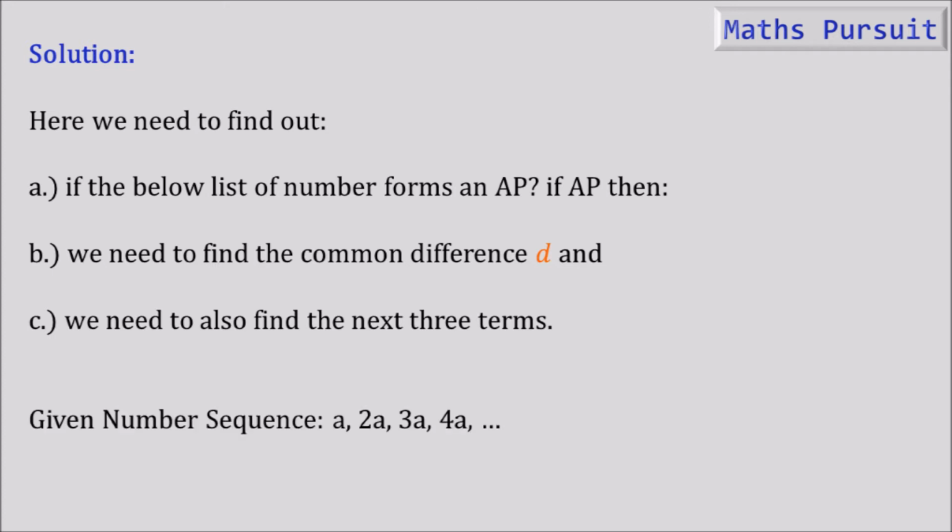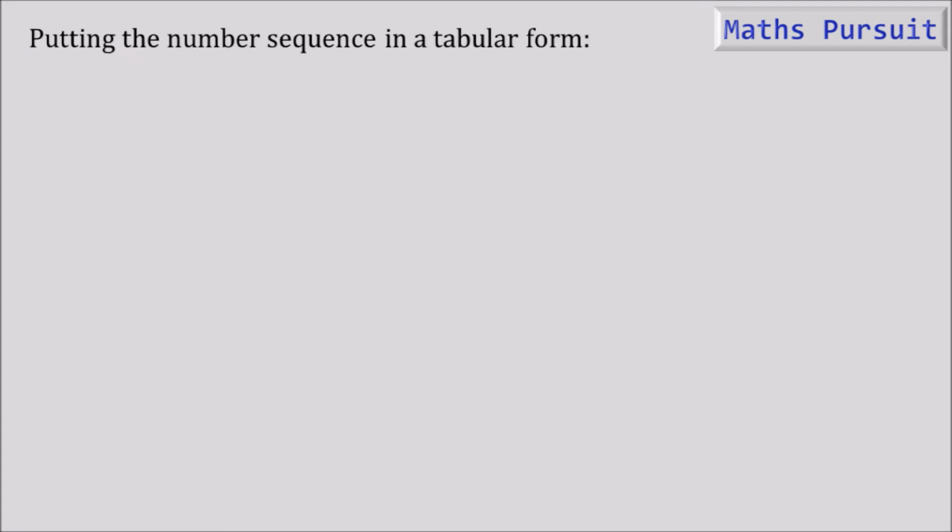So the given number sequence is A, 2A, 3A, 4A. Now let us put the number sequence in a tabular form. As usual guys, I always prefer to put the numbers in a tabular form so that it will make our calculation easy without confusing among the numbers.